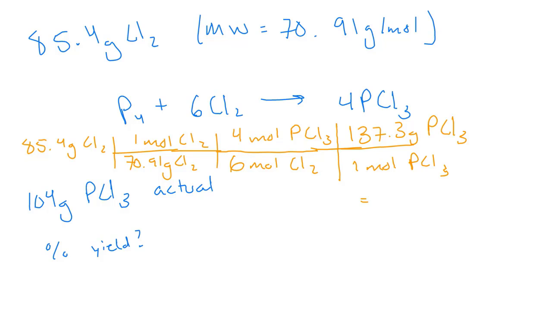Multiplying everything on the top gives 248.034 grams of PCl3. Okay. Did anyone else get that answer? So what should we do from here?